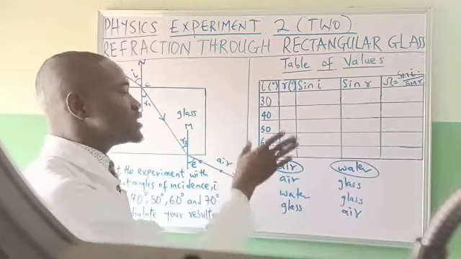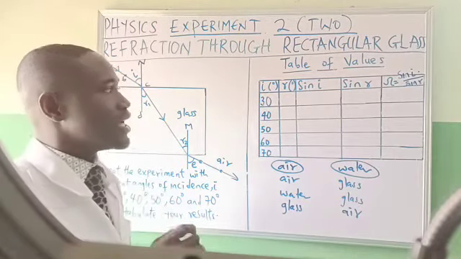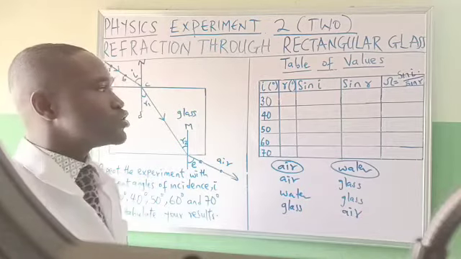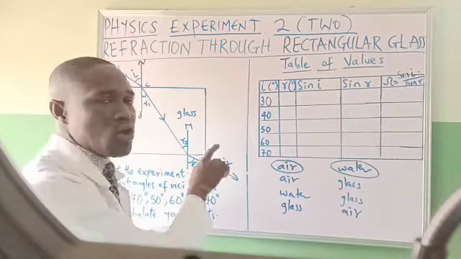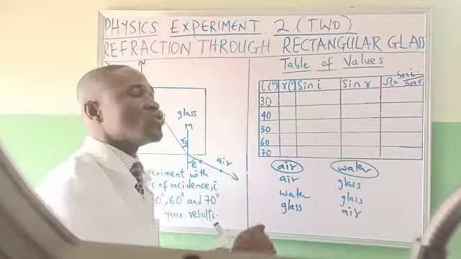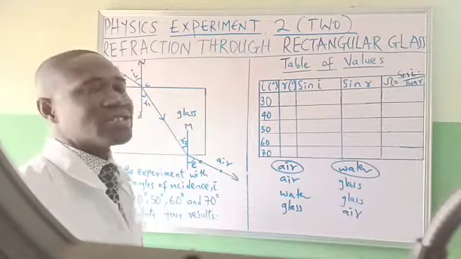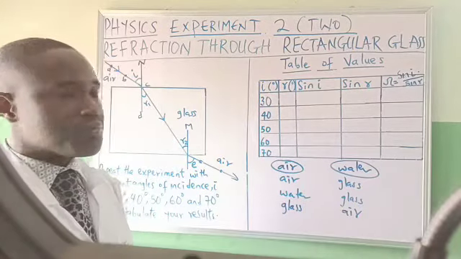If you are doing this experiment in darkness, you will find it difficult to put your pin and locate it accordingly. That is why we want to see how to get these readings without touching apparatus, and you will get a very good result.